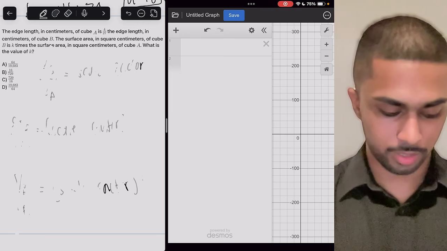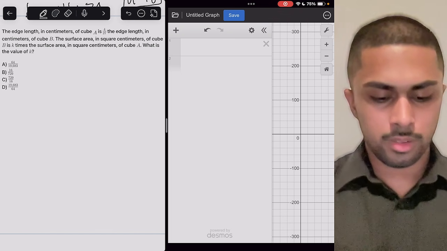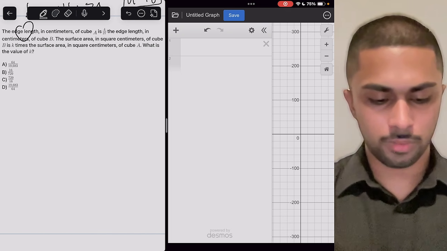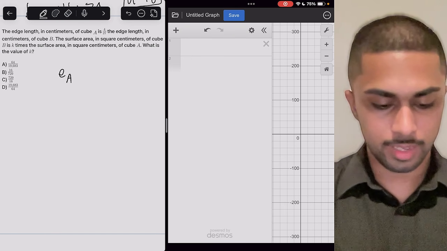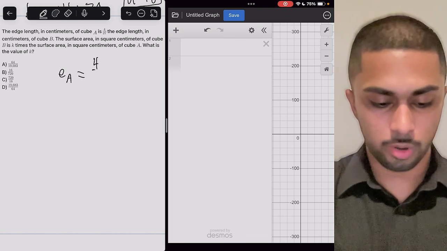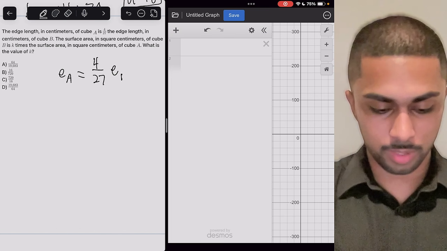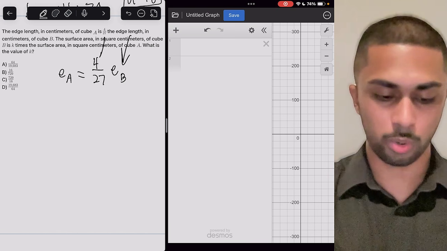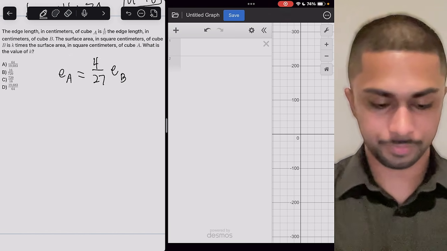From here, let's go back to the question and figure out what it's asking. The edge length of cube A, so E of A, is equal to 4/27 the edge length of cube B. Do you see how we wrote that word for word? It's just the equal sign, right?